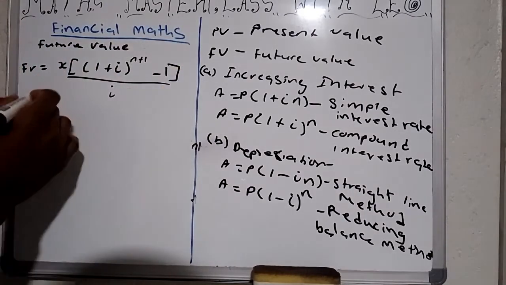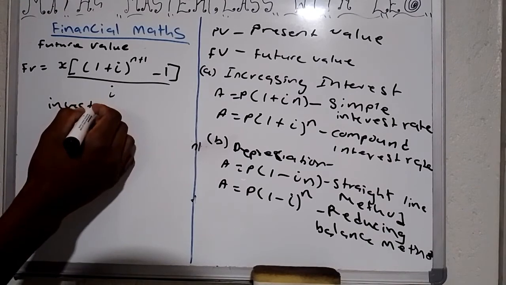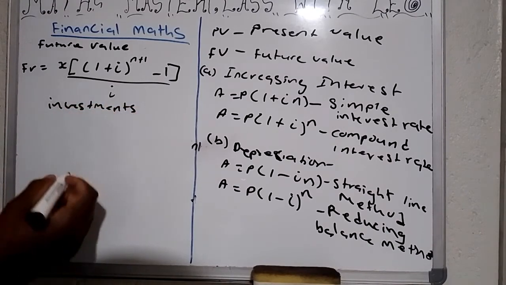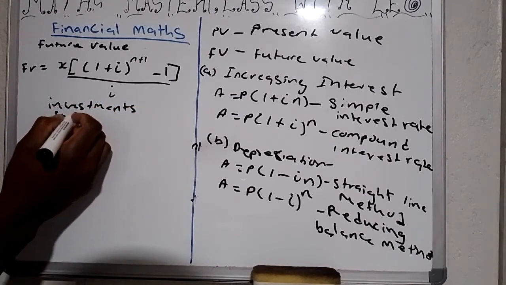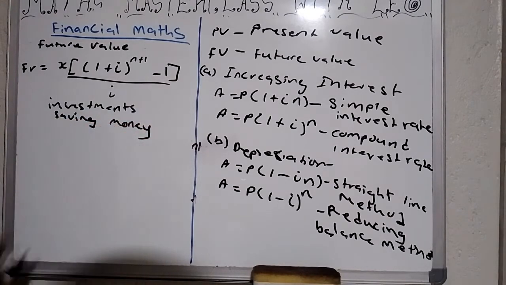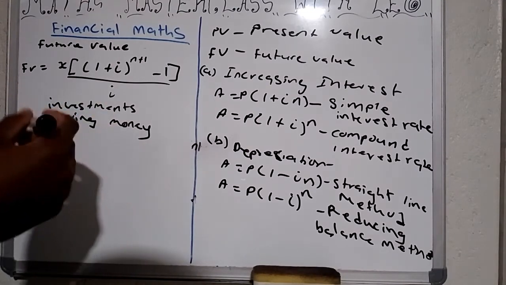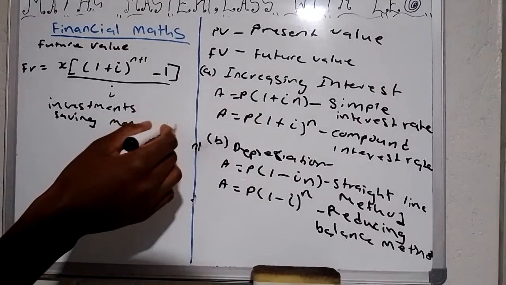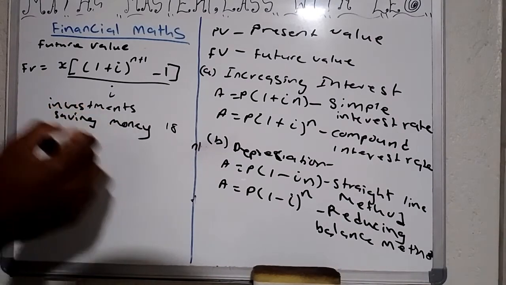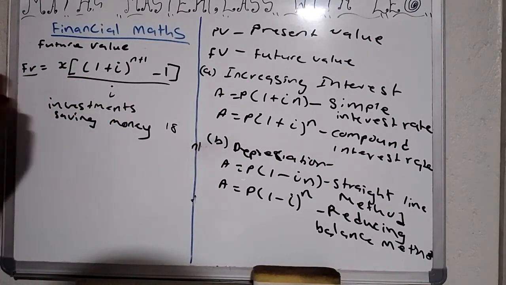We use this when you have investments, someone saving money for varsity. Let me say your father or your mother is saving money for you to go to varsity. He started saving it when you were 18 years. This is what you call the future amount. In that 18 years of saving, he or she will have a future amount or future value, right?